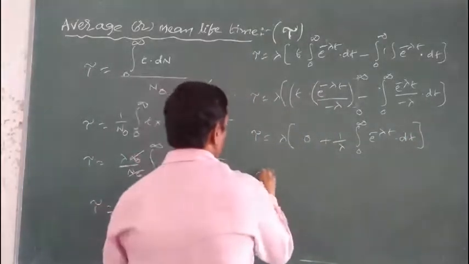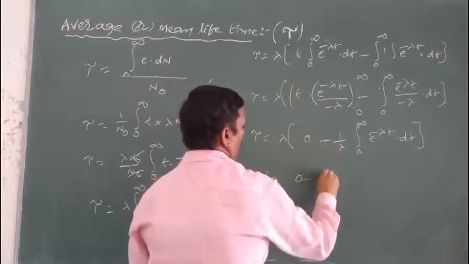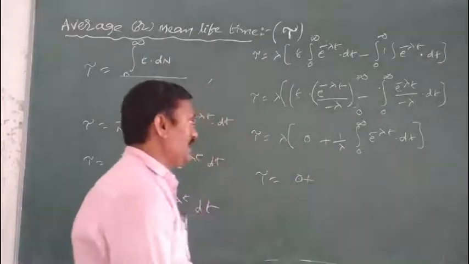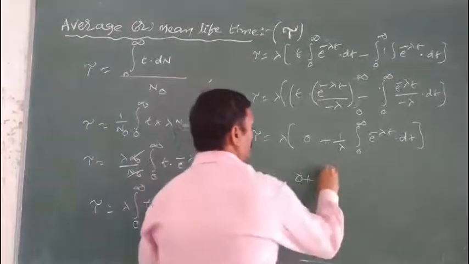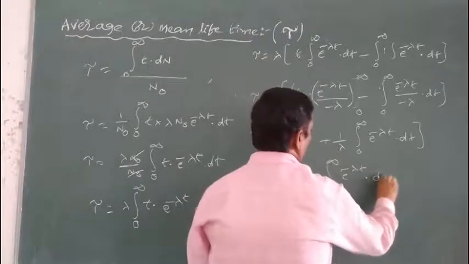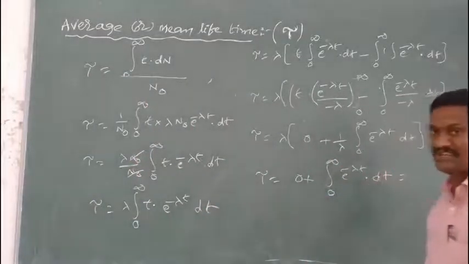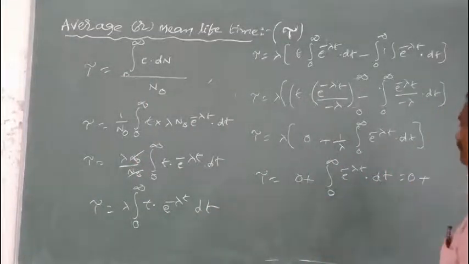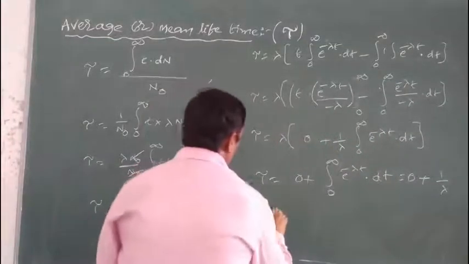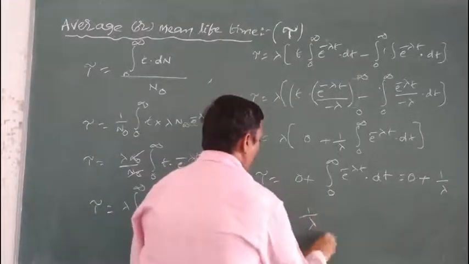So tau is equal to lambda into 0, plus lambda into 1 by lambda, which cancels, times the integral from 0 to infinity of e power minus lambda t dt. So the average lifetime tau is equal to 0 plus the integration of this value, which becomes 1 by lambda. So finally, the average lifetime or mean lifetime tau is equal to 1 by lambda.